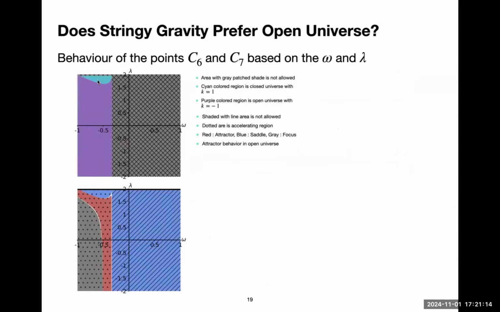Yes, there's a small possibility of a closed universe where the C6 and C7 points apply. It corresponds to, let's say, a -1/2 equation of state for omega and really large dilaton matter coupling, like 1.7 or something. It always shows a saddle point contribution, but it's still a possibility.